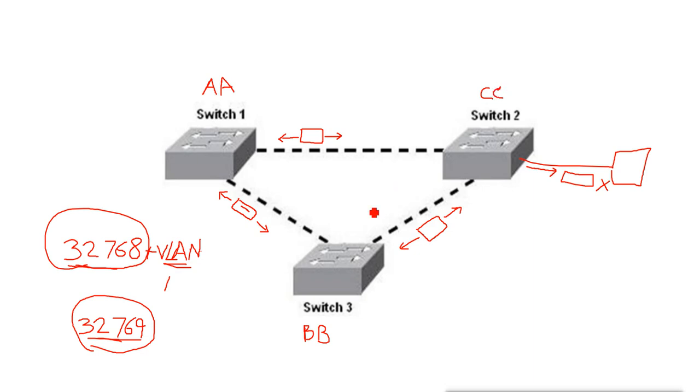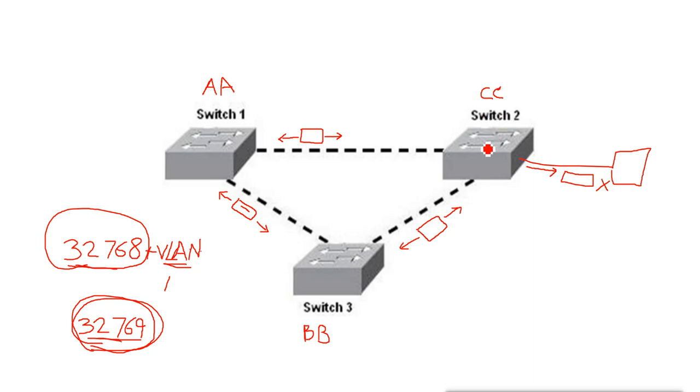First it will compare the bridge ID, and if any switch has a lower bridge ID, for example these two have 32,769 but switch 2 has, suppose, 4,694, then switch 2 has the lower bridge ID.